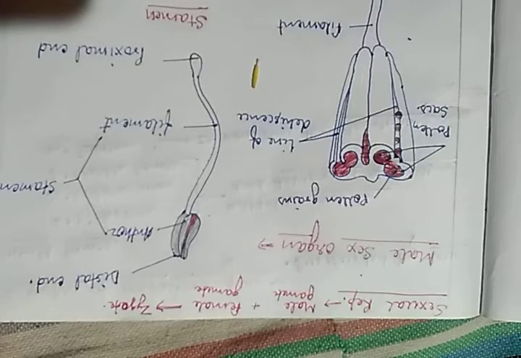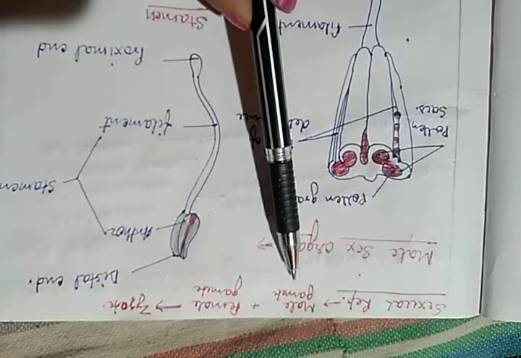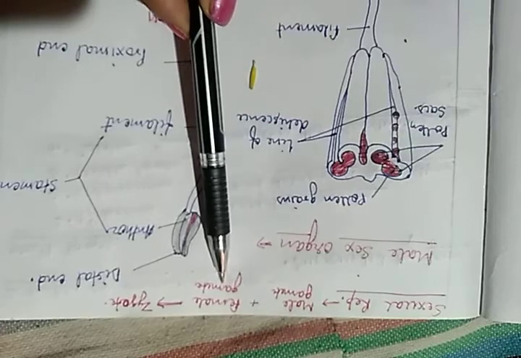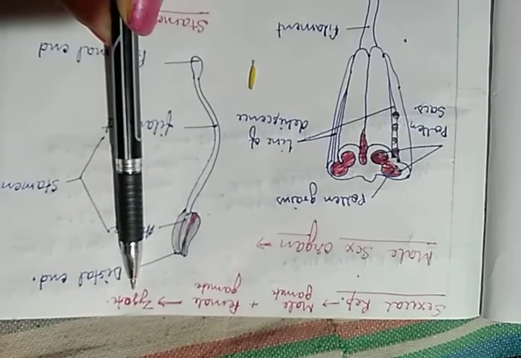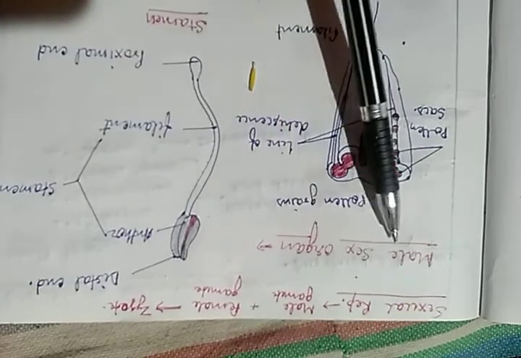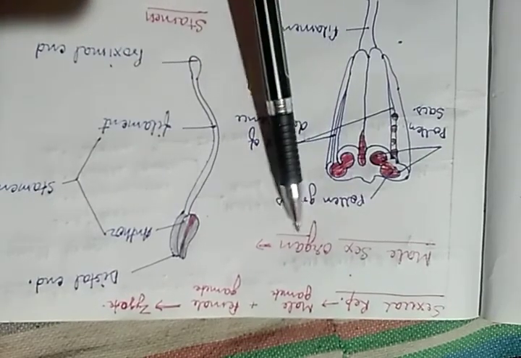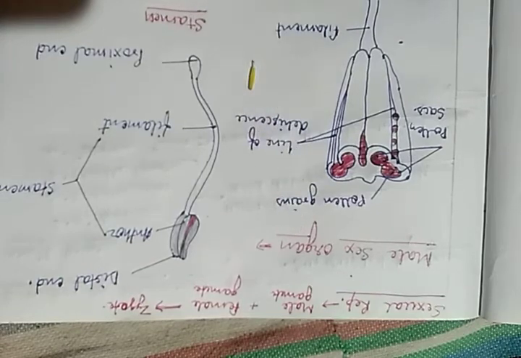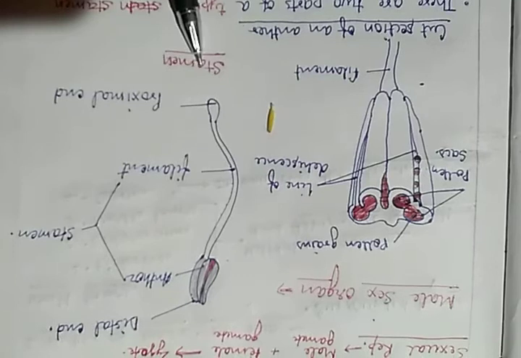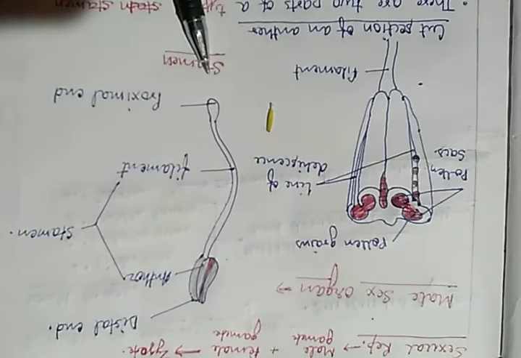Students, we all are aware that in sexual reproduction, the male gamete as well as the female gamete are going to fuse and make a new structure, that is known as a zygote. So now we will focus on the male sex organ. In this particular point we will study about the stamen. So now focus on the stamen. Basically, the stamen is going to comprise two parts.